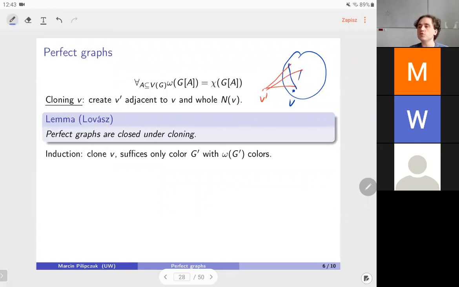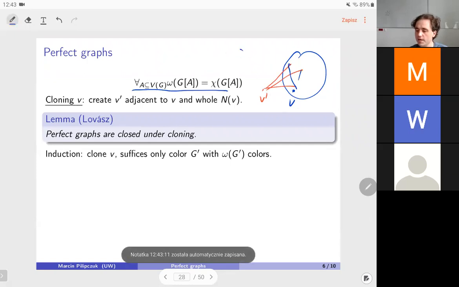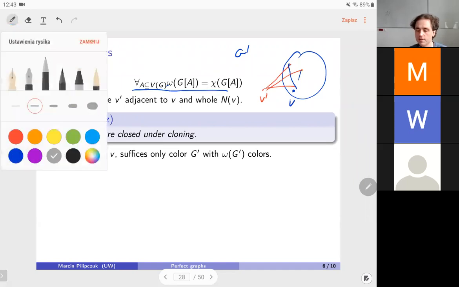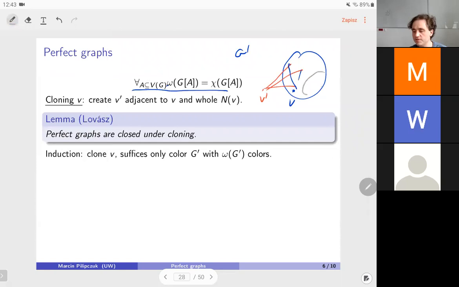So what do I want to check? I need to check that in this new graph, called G prime, every induced subgraph has omega equals chi. So what induced subgraphs do we have? We have induced subgraphs lying completely in G, but these have omega equals chi just because G was perfect.